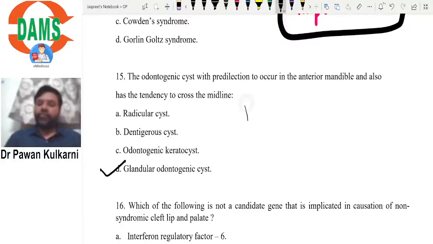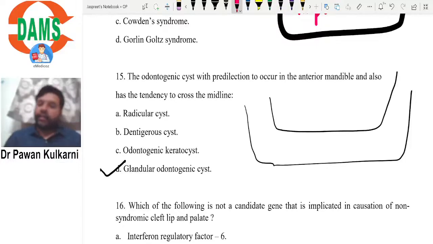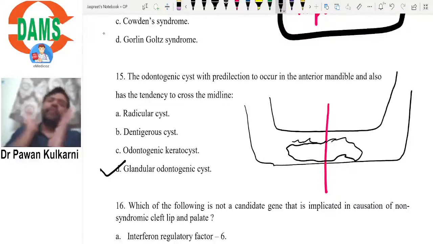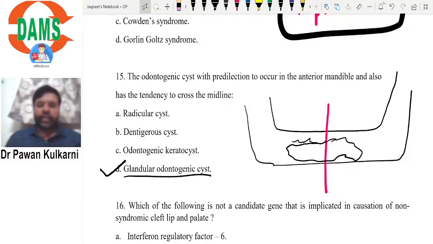For example, if this is the jawbone and this is the midline, the glandular odontogenic cyst will always occur like this, crossing the midline on either side. It will not be located on one side of the midline, and it is typically present in the anterior mandible. That is a glandular odontogenic cyst.